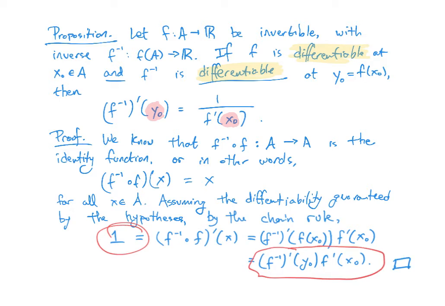Okay, the big thing that made this proof so easy is that we assumed that the inverse was differentiable. Because we assumed the inverse was differentiable, we got to just apply the chain rule.